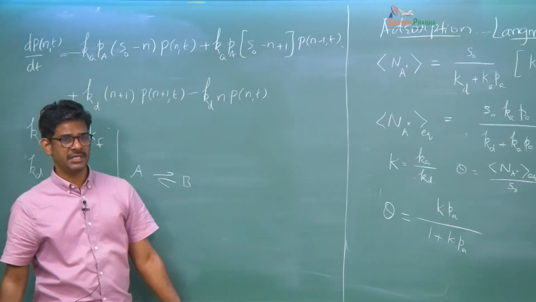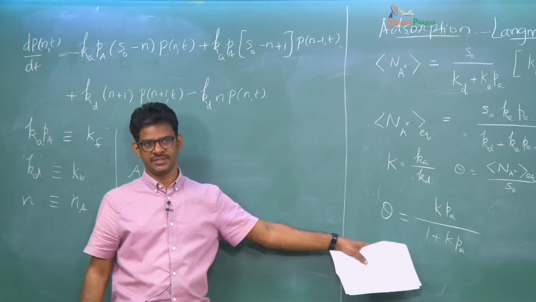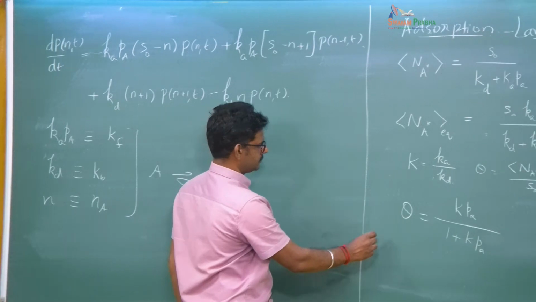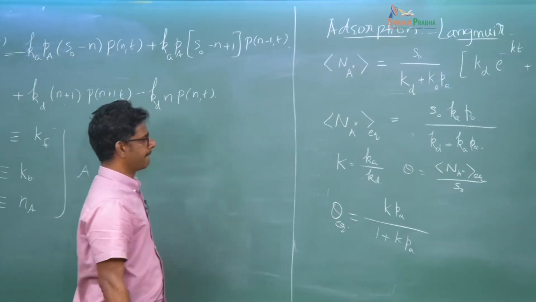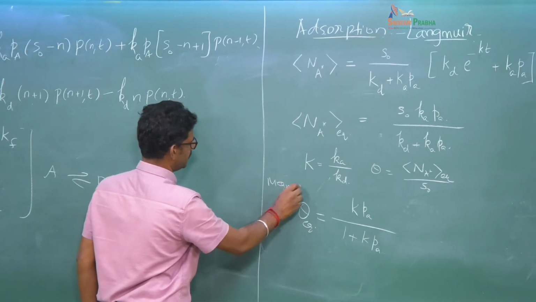So as far as the mean is concerned, we are getting exactly the same result that we found from the deterministic approach at equilibrium coverage. And this is a mean value. It's a mean coverage.